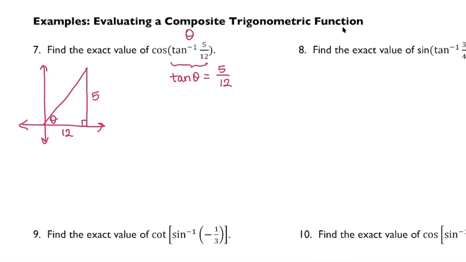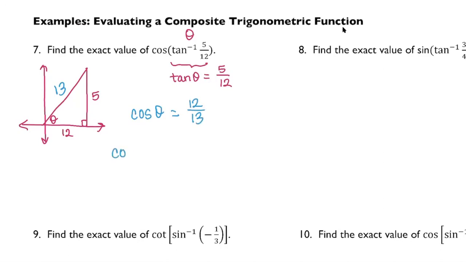So now the cosine of theta, this angle, is going to be adjacent over hypotenuse. That means we need to first figure out what the hypotenuse is. 5, 12, 13 is a Pythagorean triple, but you can also use the Pythagorean theorem to do that. Now we know that the cosine of theta for this triangle is 12/13.